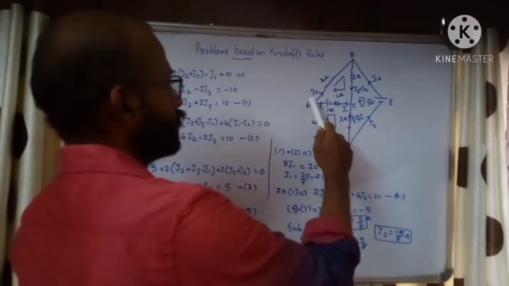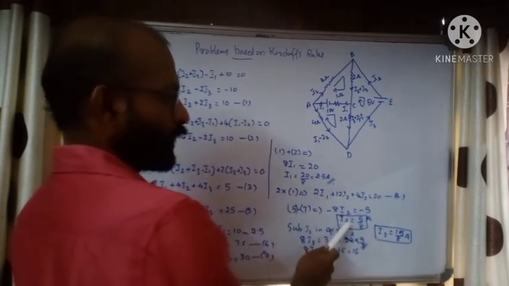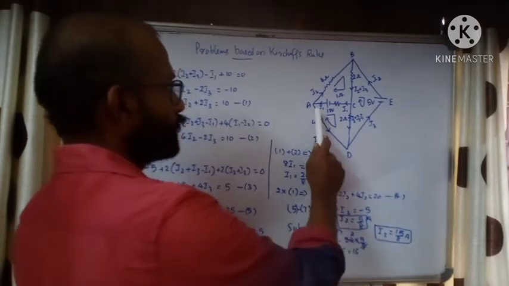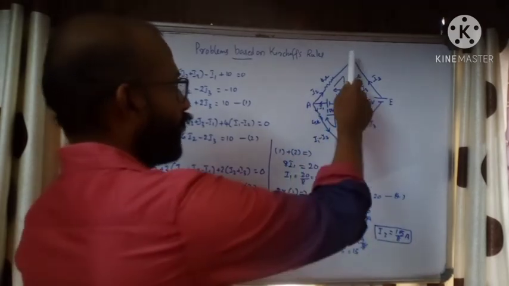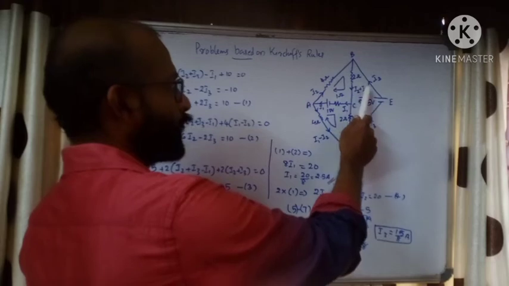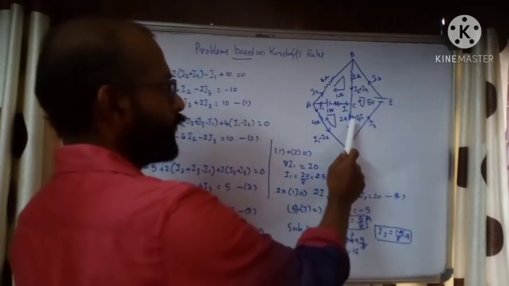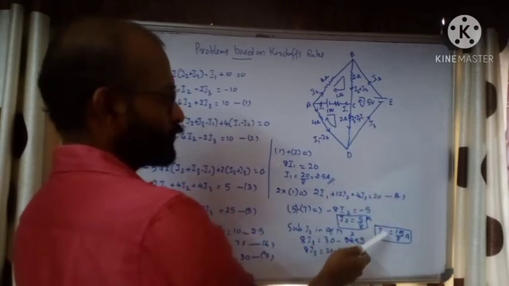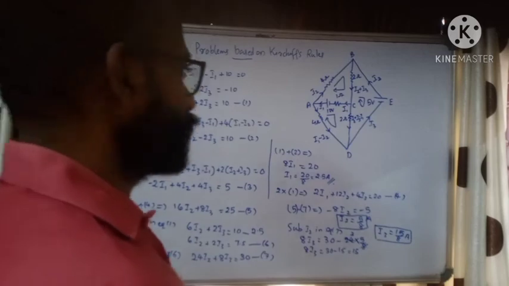Current in the branch AD is I1 minus I2. In branch AC it is I1, so you can use the value of I1 directly. In branch BC you need I2 plus I3. In branch CD it is I2 plus I3 minus I1. Okay, you will get the values in each branch.